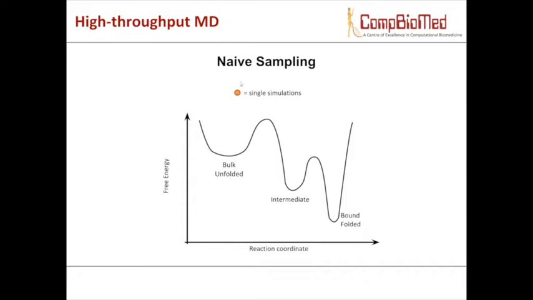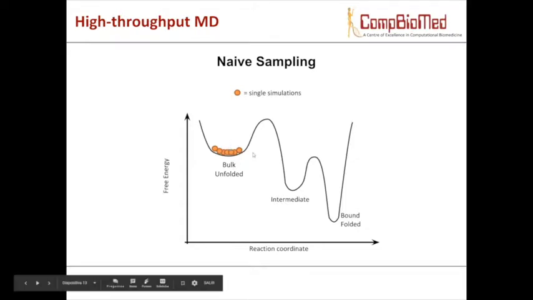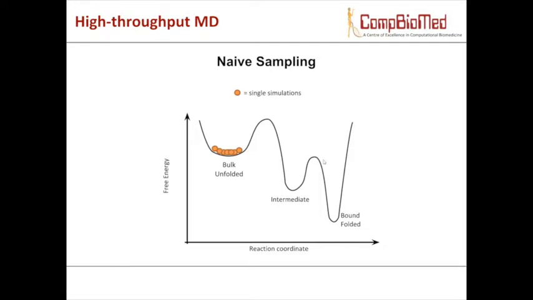You can, for example, in this naive sampling example, just start a simulation from a certain conformation. Imagine this is a protein-ligand binding example, and this is the bulk where the ligand is out of the protein.